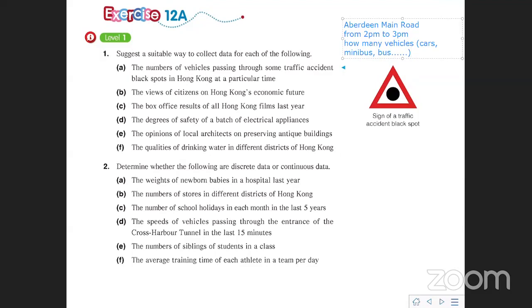Then you suggest a way, and you can just refer to what we had yesterday. There are several ways to collect data. For example, we can have questionnaire, interview, observation, experiment, and also the last one from previous reports.